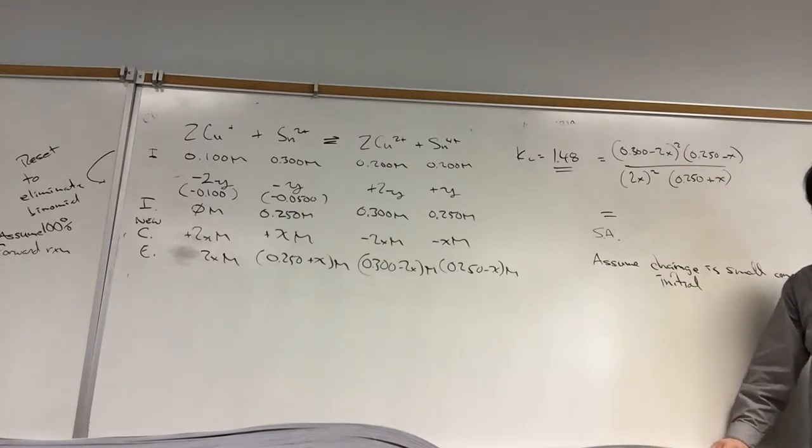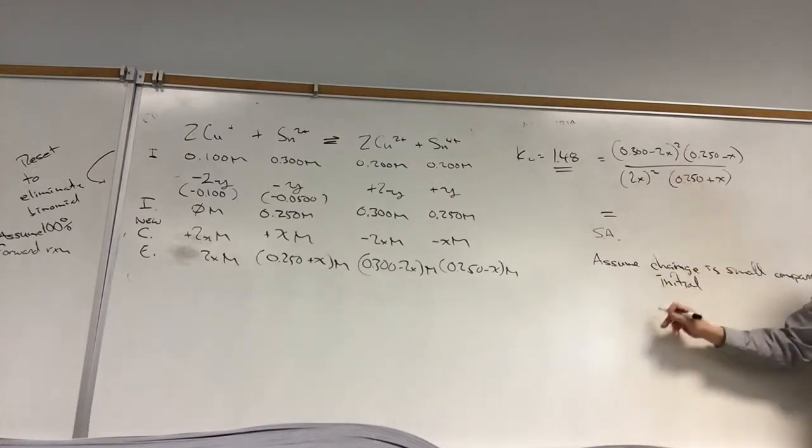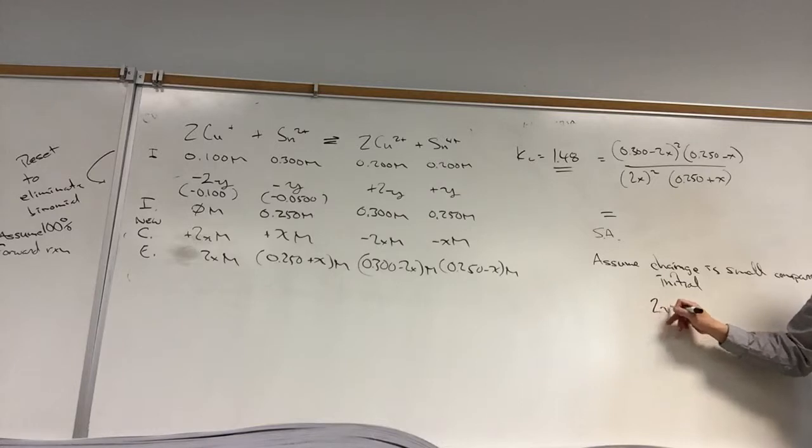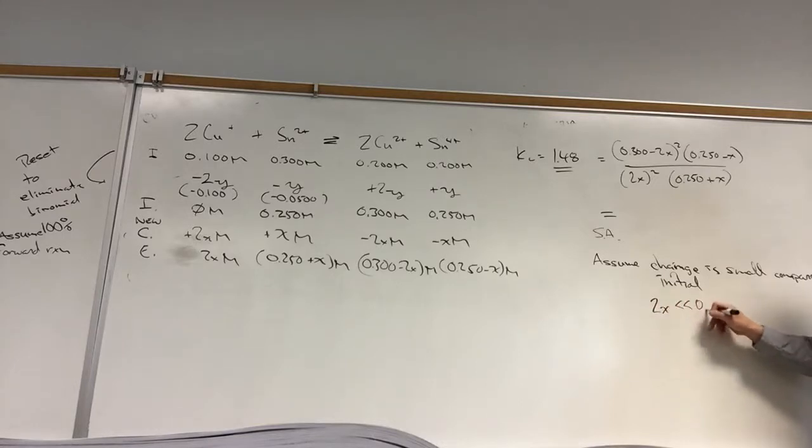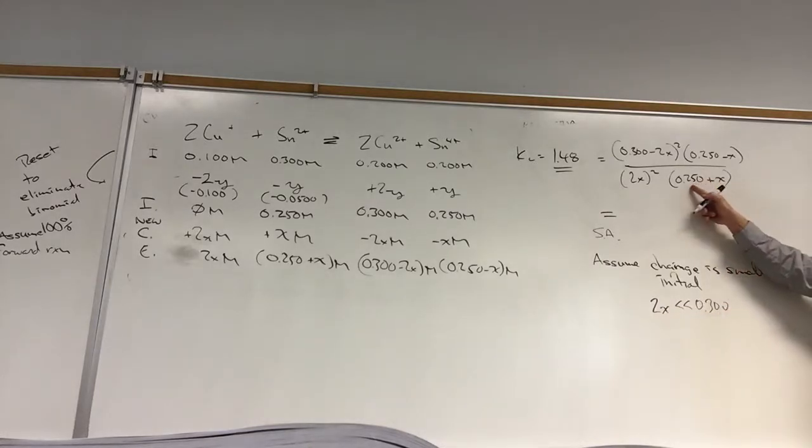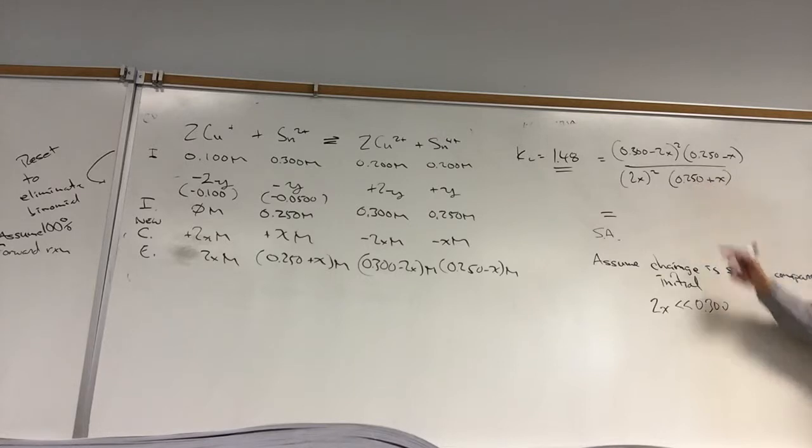Does that make sense? And so here, I'm going to make this assumption. I'm going to say that 2x is much smaller than 0.300. If this is true, then it's got to be true that 2x is smaller than 0.500, right? Because if I doubled this, that's the way it would be. So assume the change is small compared to the initial.